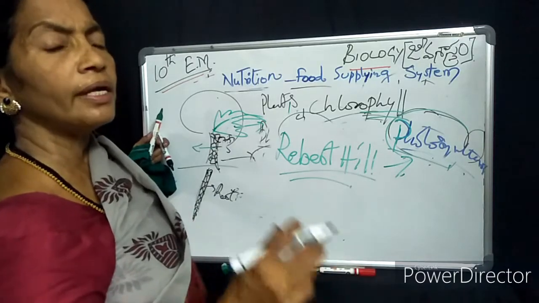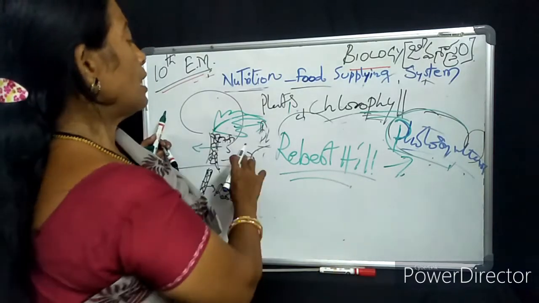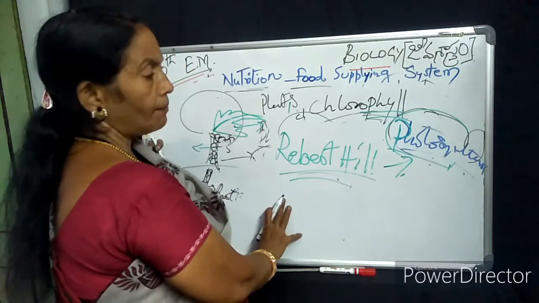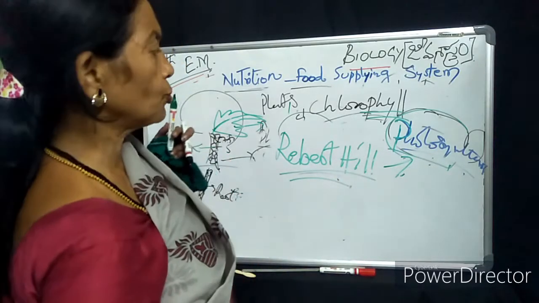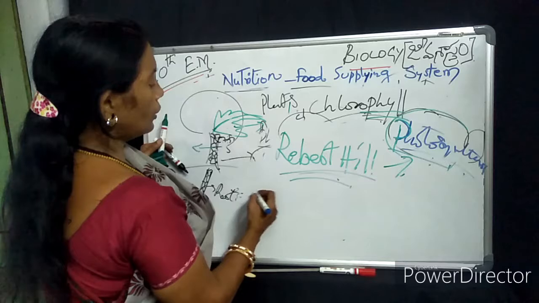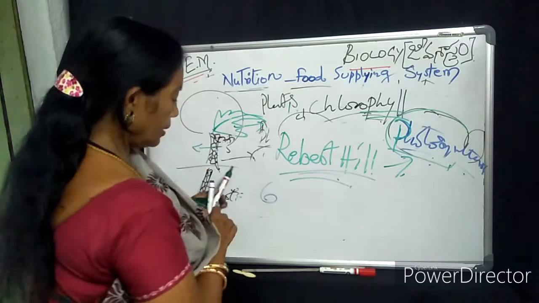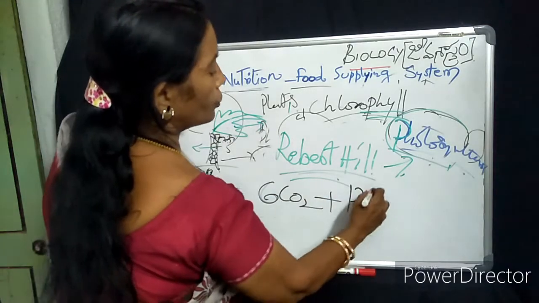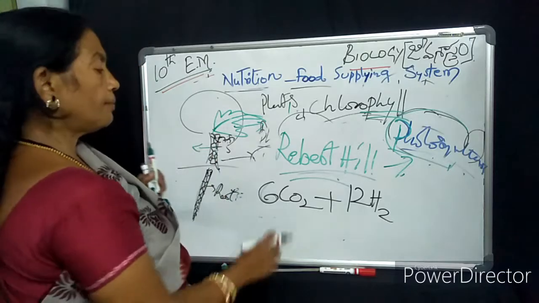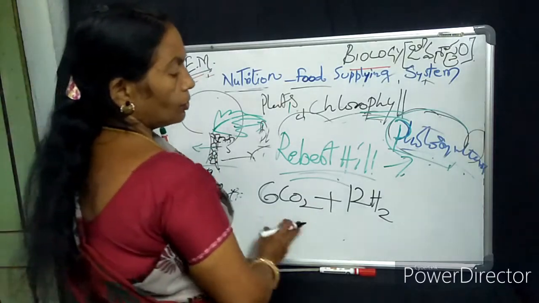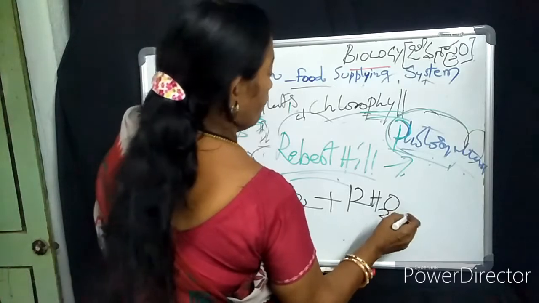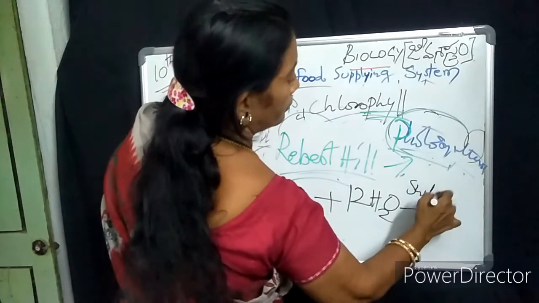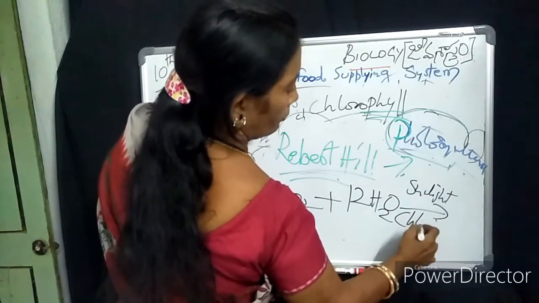And Robert Hill, he worked on green plants and on photosynthesis for years, and he gave an equation: 6 CO2 plus 12 H2O, with the help of sunlight and chlorophyll.